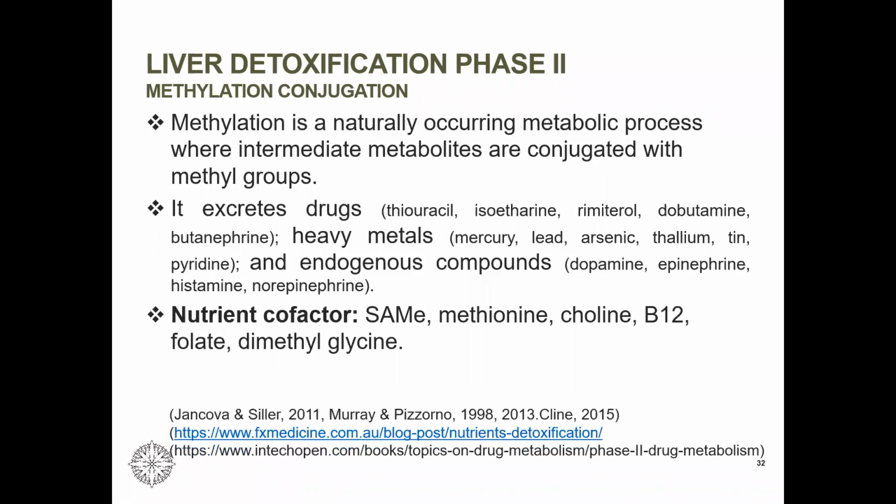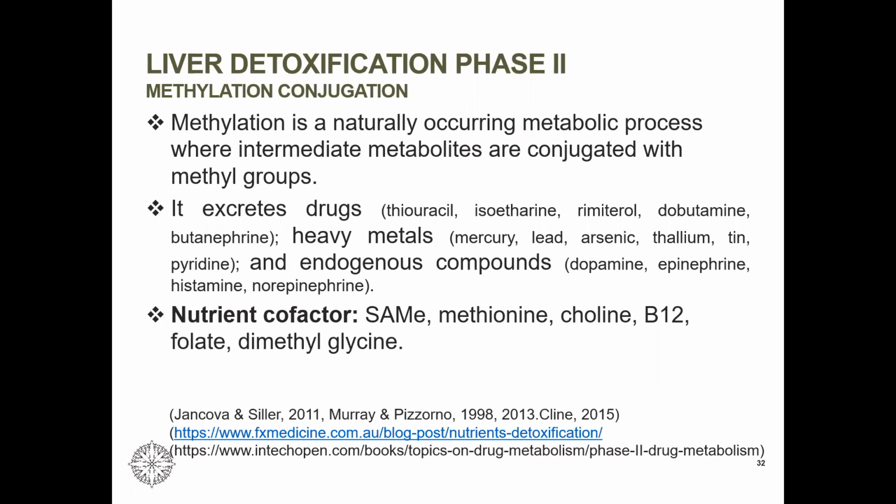Last one is methylation. And as the name suggests, it conjugates with the help of a methyl group. So if you have a client who comes to you with a lot of exposure to lead or mercury, so their occupational history gives you an indication that they are having liver issues because they have too much exposure to heavy metals.